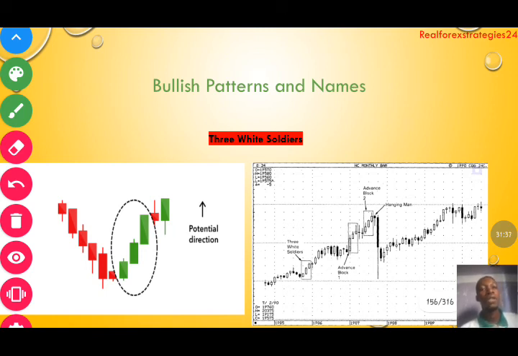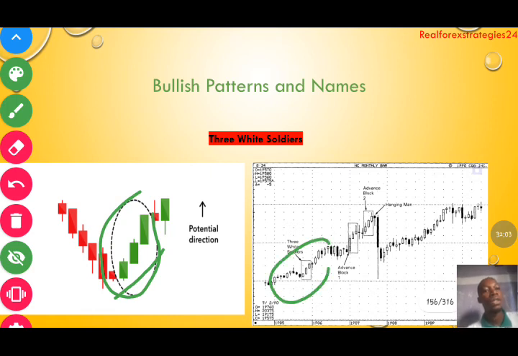If your candlestick chart is not a white and black chart, like this chart right here, you can call it three rising soldiers. If it's a black and white chart, you can call it three white soldiers. However you call it, just know that it has to be rising and it has to be three for it to be valid.